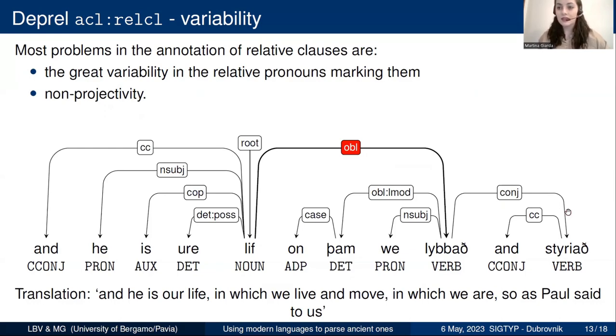And this is the case where the models fail to recognize relative clauses. An example here, you can see that the relative clause on them well libbad is marked by the prepositional phrase on them and not by the complementizer the.